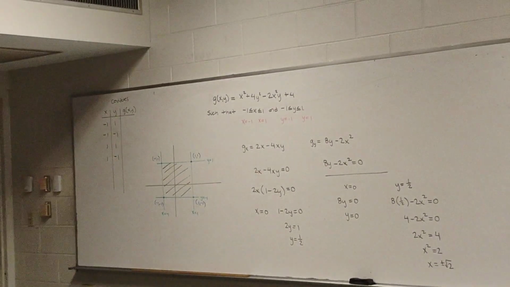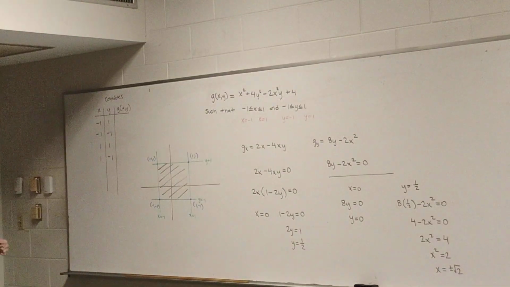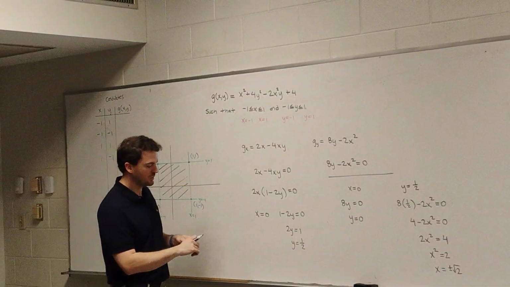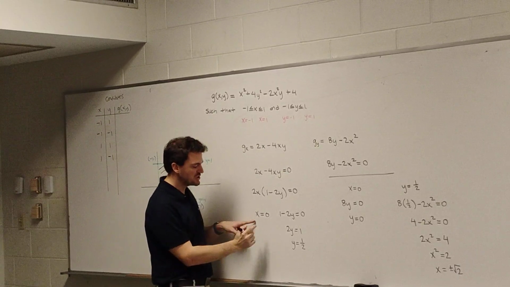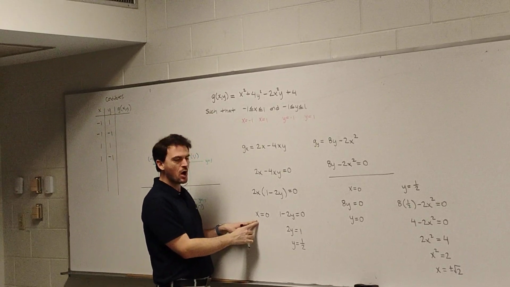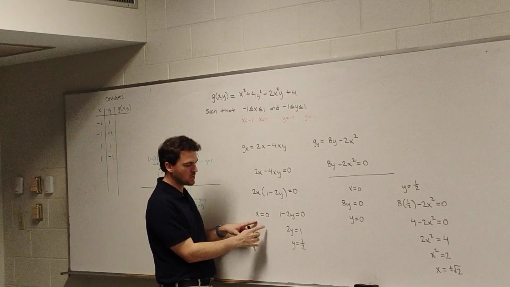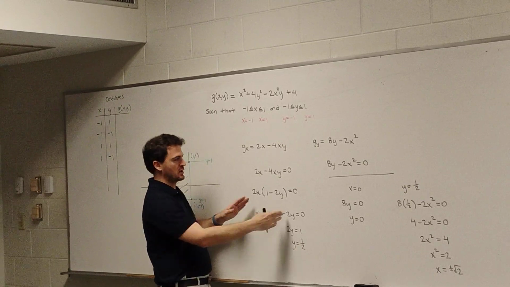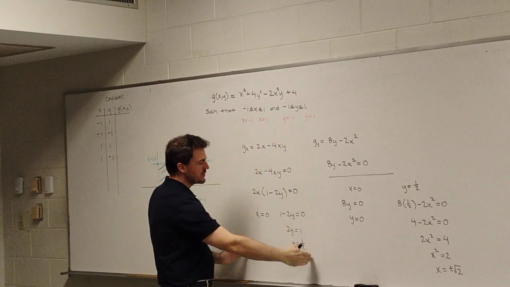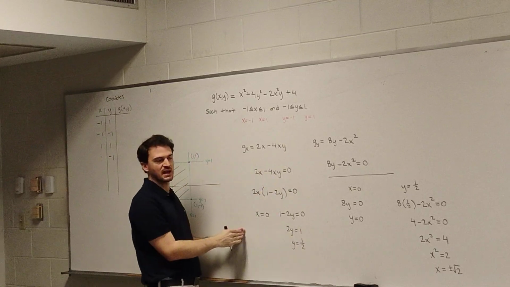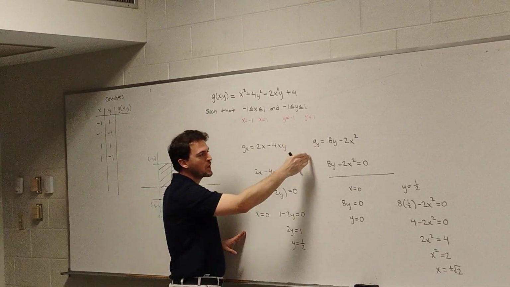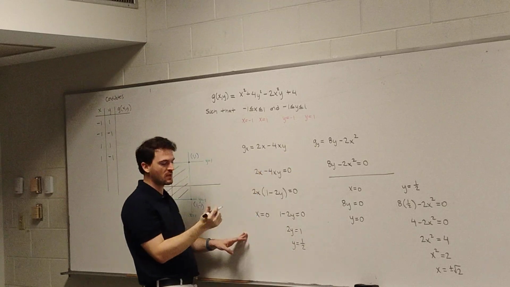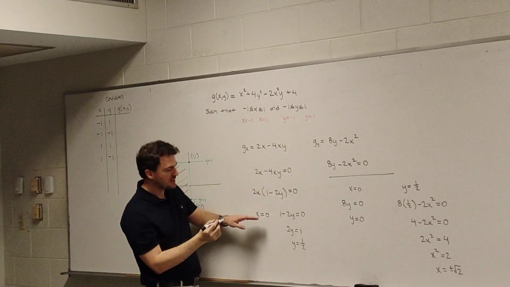Now something that I want to be super clear about, you need an x and a y. But what you can't do is say, oh, I have the point 0, 1/2. Because this is only the partial derivative with respect to x. I need a coordinate that makes both of them equal to 0 at the same time. So I need an x from here and a y from here.